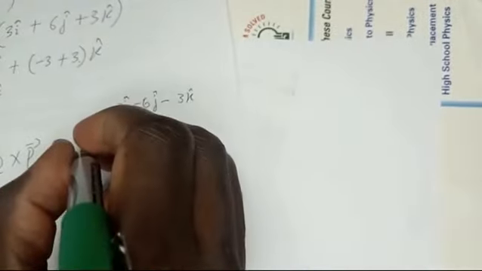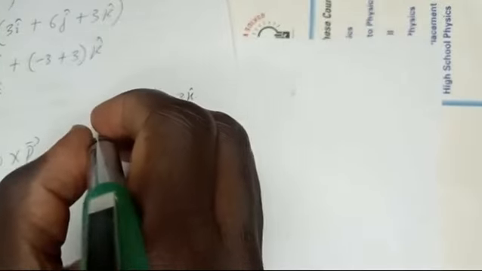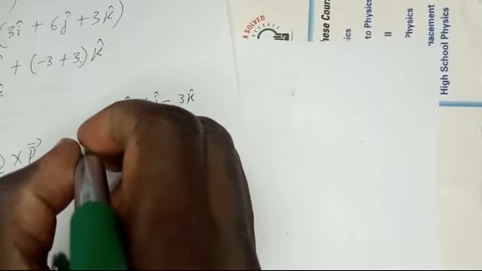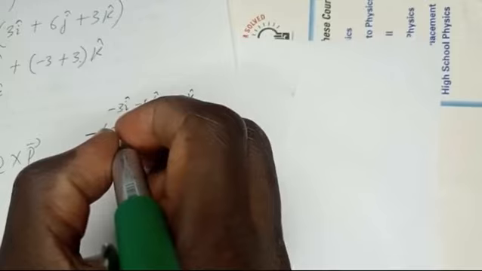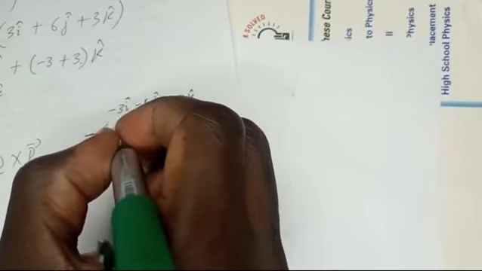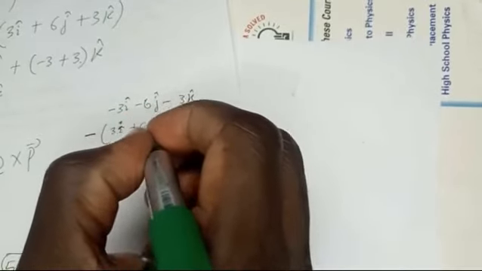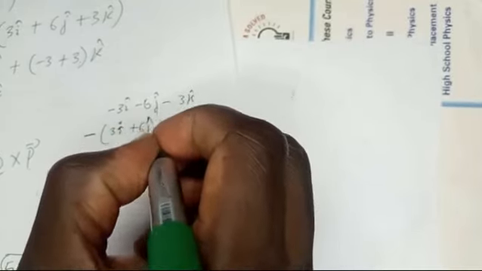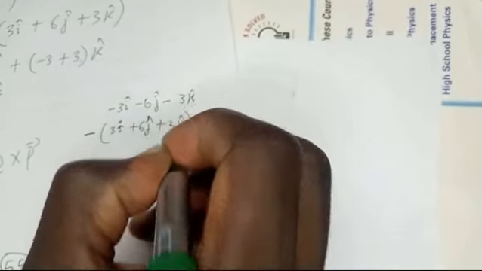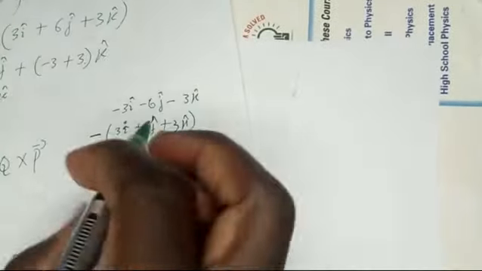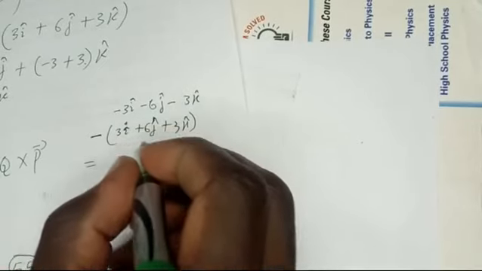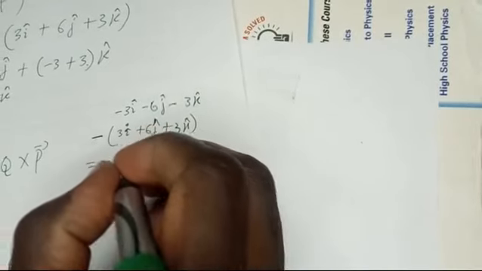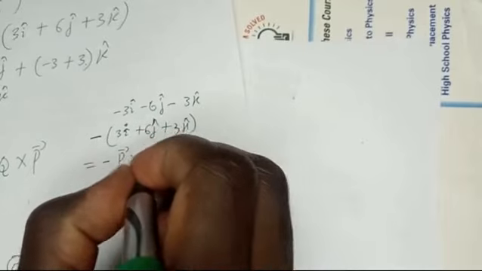So I can factorize minus 1 outside. If I take this minus out, this will become 3I cap plus 6J cap plus 3K cap, and this is your Q cross P, so this is negative P cross Q. So one is the negative of the other.